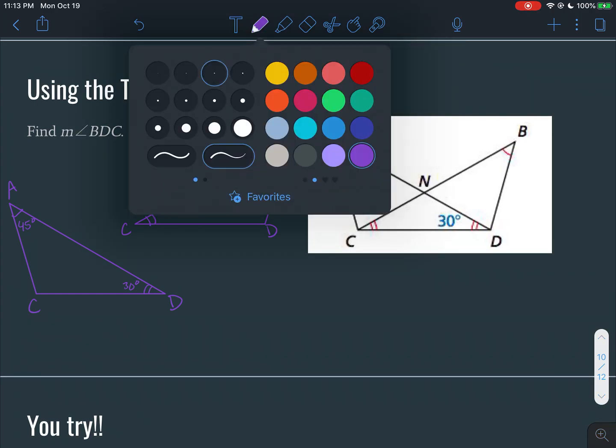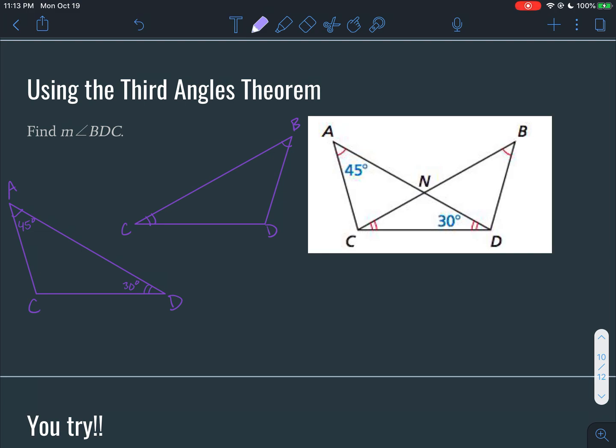However, we know that angles A and B are congruent because they each have 1 arc. So angle B is 45 degrees. And then this angle C and this angle D both have 2 arcs. So those 2 angles are congruent, and that's 30 degrees. Okay? So when I'm trying to find the measure of angle BDC, I can say, hey, I know the angles of a triangle add up to 180.